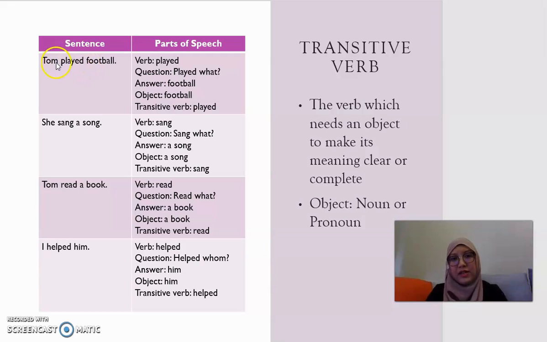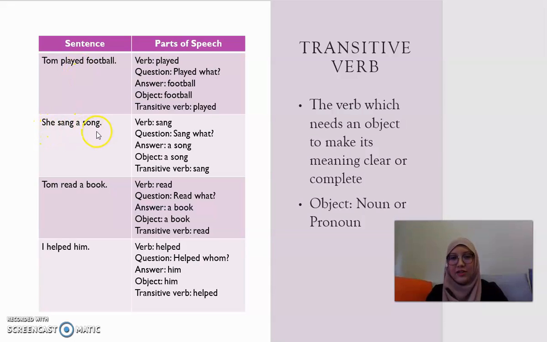Because you cannot say Tom played. Played what? You need an answer to it. The object is the answer. This is very common in your everyday sentences. Tom played football. Played is a transitive verb. She sang a song.